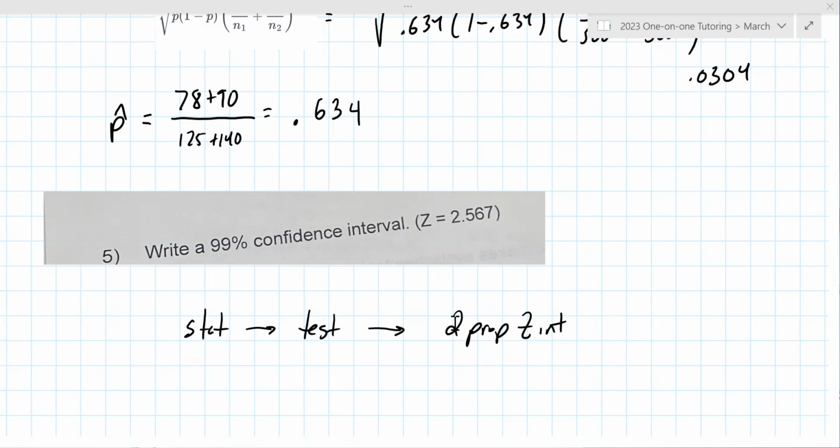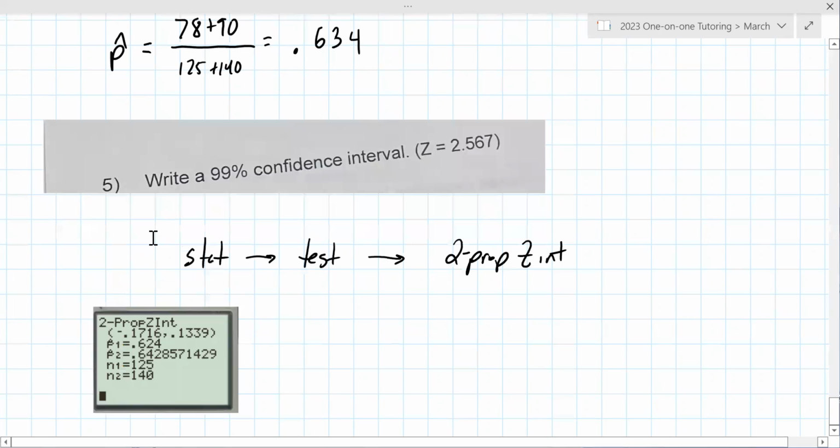So make sure you're choosing 2-prop z interval. I think it's down in like B. Oh, okay. If you use something else, it's going to give you something that, while maybe true, isn't anywhere near what you want. Yeah. Oh, okay. So the interval is negative 0.17 to 0.13. Yes.